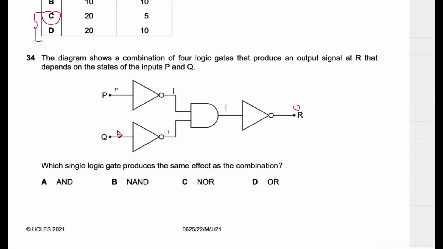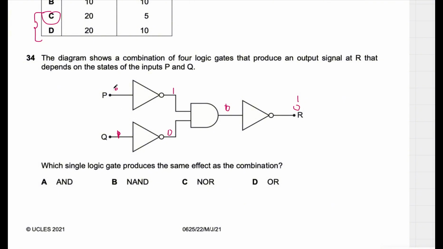If I put 1 here, and 0 here, I get 1 here and 0 here. 1 and 0 go to the AND gate, you get 0. 0 goes to this NOT gate, you get 1.